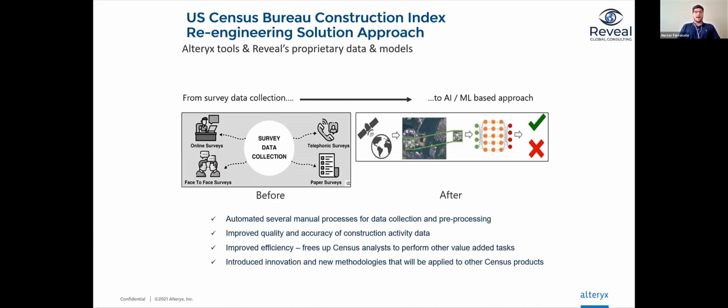We'll actually describe how we're helping Census by using Alteryx, by using automatic process, machine learning, and satellite images in order to help them speed up and scale up and create an innovative process that actually is closer to the ground truth and helps them validate and speed up the whole process in terms of creating and then reporting these indicators.